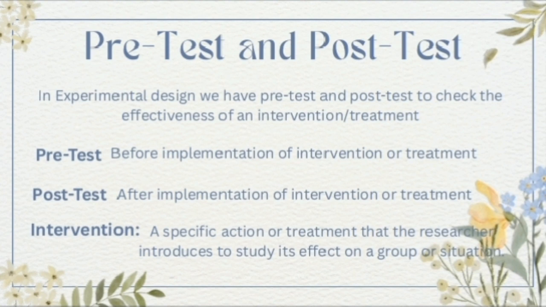I think pre-test and post-test can be a little confusing for you because you don't know what an intervention is. So basically an intervention is a specific action or treatment that the researcher introduces to study its effect on a group or situation. Intervention means a treatment or an action which a researcher does during the research.